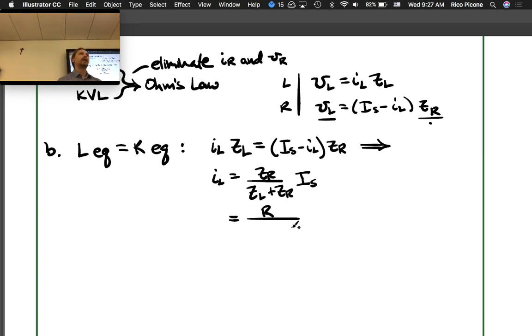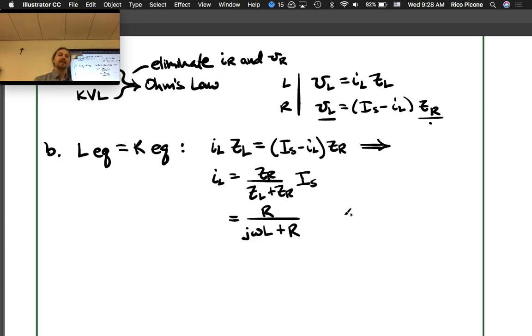So which form should we use? Rectangular, right? Because when we add them, having the rectangular form is better. When we multiply them, it's better to have the phasor form. So rectangular form, and so the rectangular form was just J omega L for the impedance of the inductor, plus ZR is just R times IS.